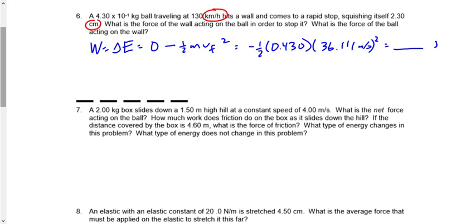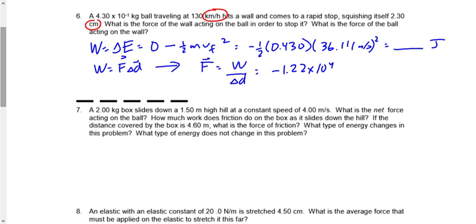That gives us the work in joules, which we can in turn set equal to F times D. So whatever we get for the work there, just rearrange that to solve for F, or plug it into the work equation to solve for F. And when we do that, we should get negative 1.22 times 10 to the 4.